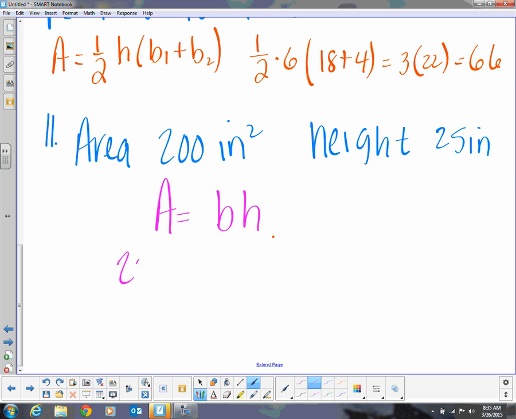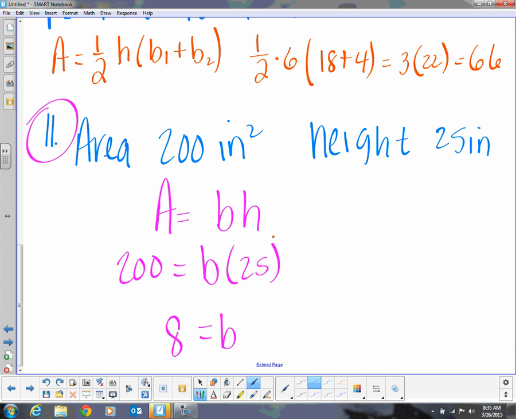Why? Because it's area. Where does the 25 go? Why? Right there it is. So now how do I solve for B? Okay, you've got one of these where you're going to work backwards. I can't imagine the EOC not doing this. Next.